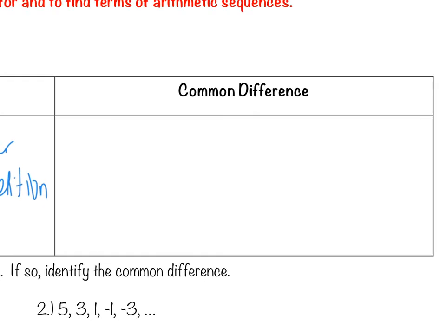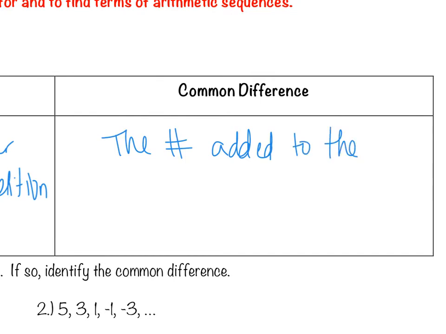The other part that it's going to be important to know is what is the common difference. We sort of introduced this last class, but the common difference is the number added to the previous term to get the next one.